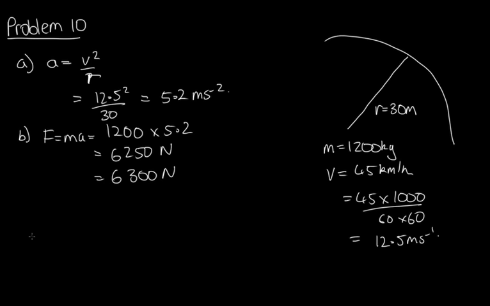And part C. This net force is provided by the frictional force between the tyres and the road. What minimal coefficient of static friction is required between the tyres and the road in order to make the car follow this path? We have the net force, and we know that that is equal to the frictional force, which is mu s times the normal force.